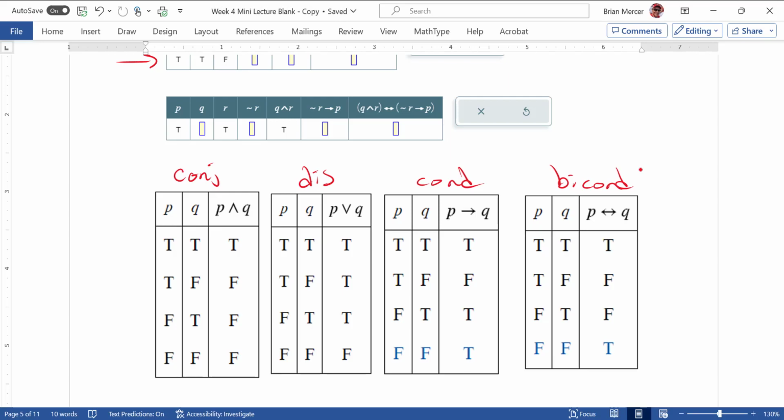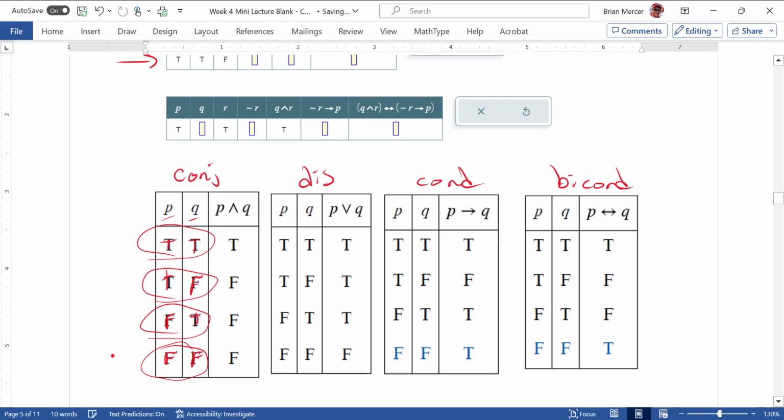The negation is kind of the obvious one. It's just the opposite. And as you build these out of two statements, so if we have just P and Q, as you do these problems, you hopefully get very good at understanding the starting pattern is T, T, F, F on this side and T, F, T, F. The purpose of that is you're getting every possible combination: there's two T's, there's a T and an F where the T is on the P and the F is on the Q, there's another T and an F where the F is on the P and the T is on the Q, and there's a situation where they're both false.